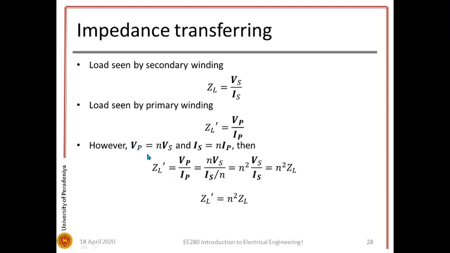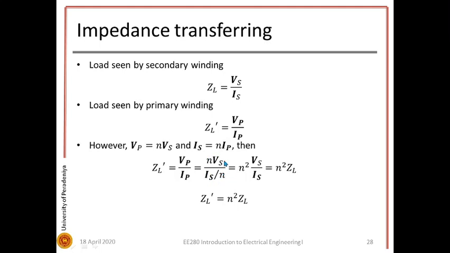Now using the voltage relationship, I can write Vp is equal to n times Vs. Using the current relationship, I can write Is is equal to n times Ip. So I will consider this ZL dash, which would be equal to Vp over Ip. Now Vp is equal to n times Vs, Ip is equal to Is over n.